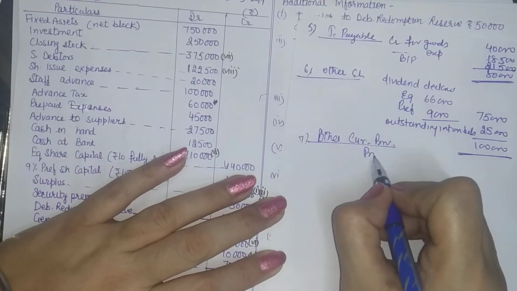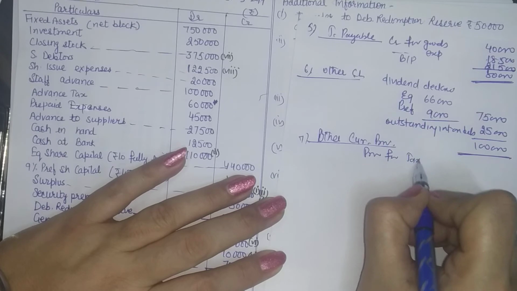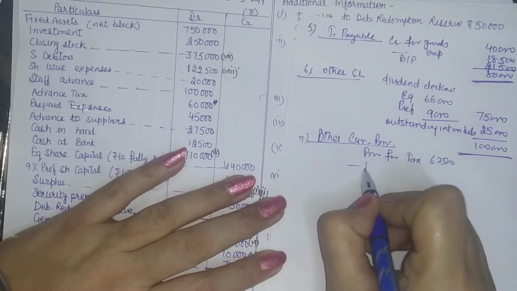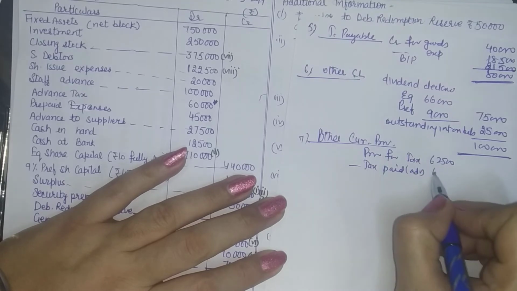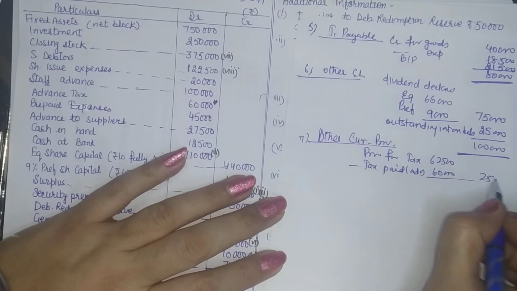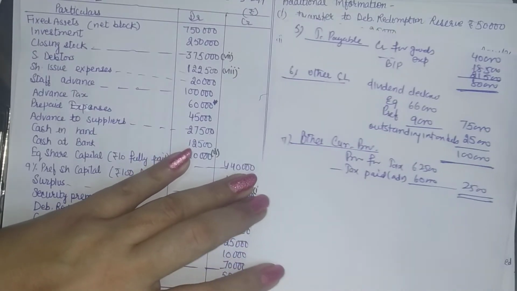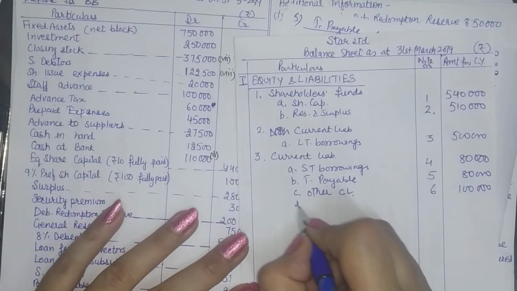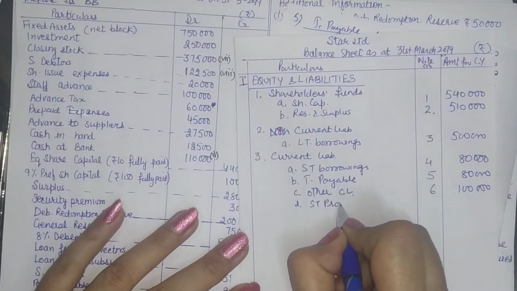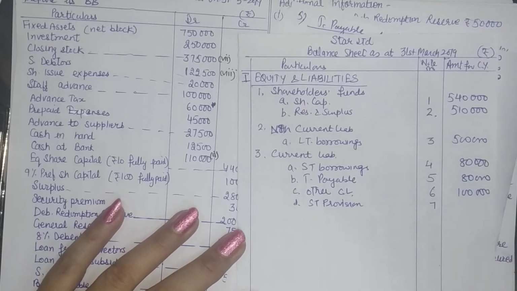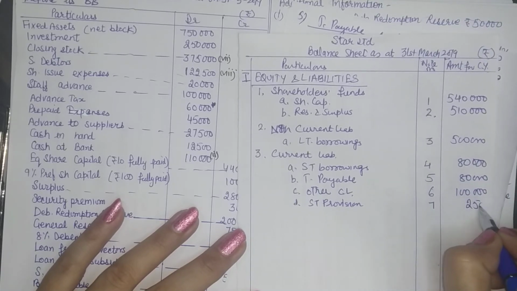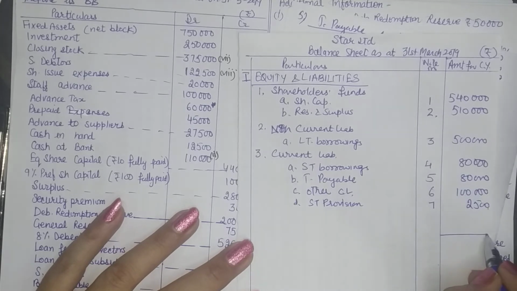So provision for taxes 62,500 less tax paid in advance. Okay, 60,000. So we are left with 2,500 of provision. So short term provisions 2,500. Okay, so this way we will total up.